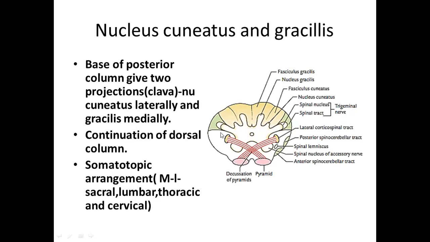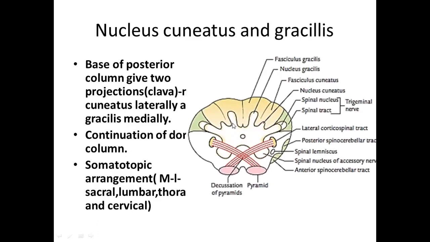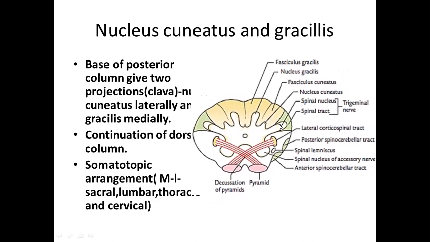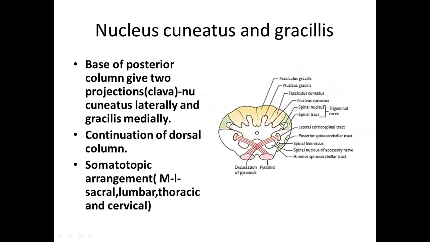There is a somatotopic arrangement of the fibers, the sacral fibers being the medial most and the cervical fibers being the lateral most. Now, apart from these two nuclei, we have an accessory cuneate nucleus as well.